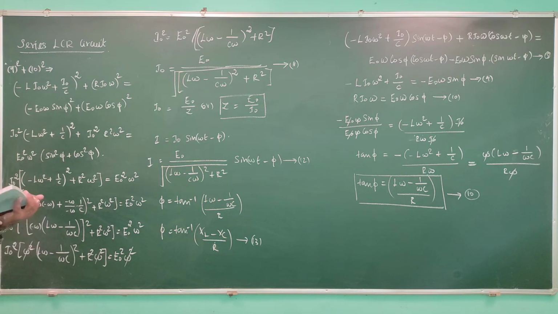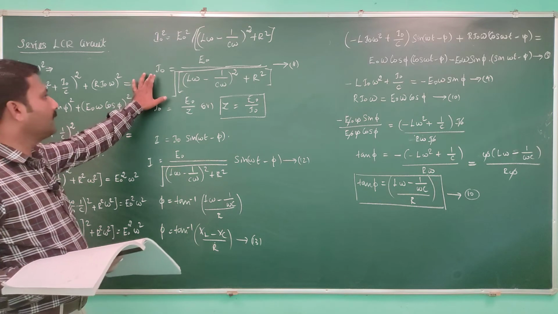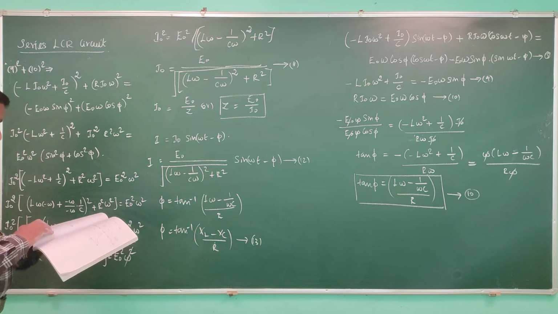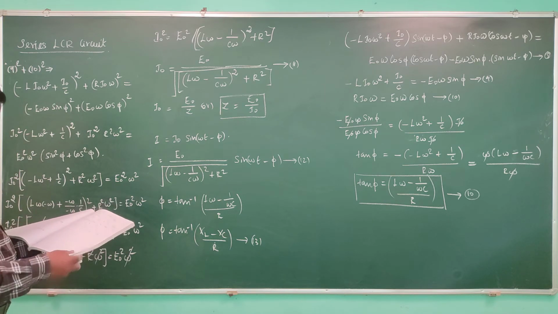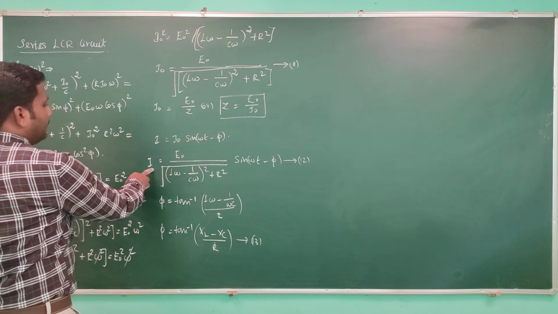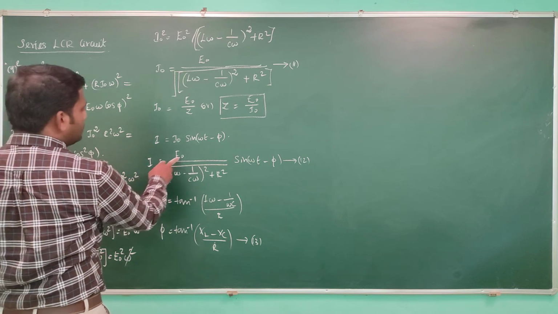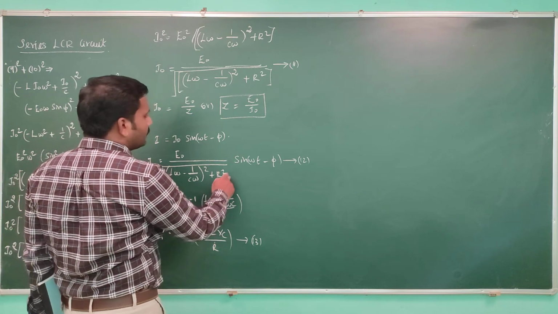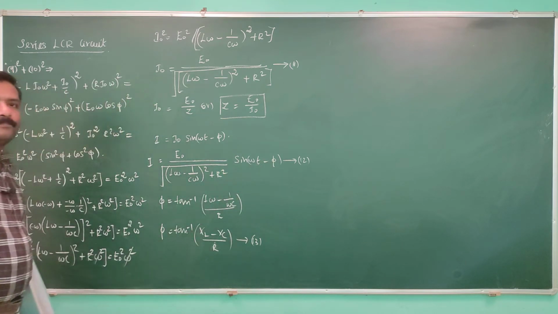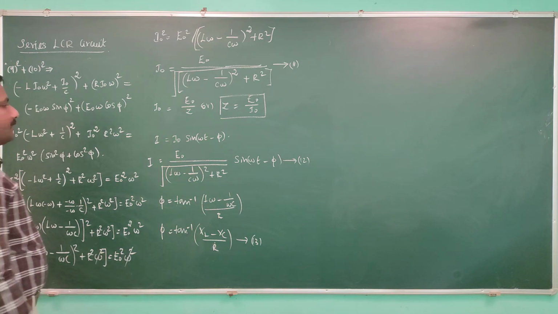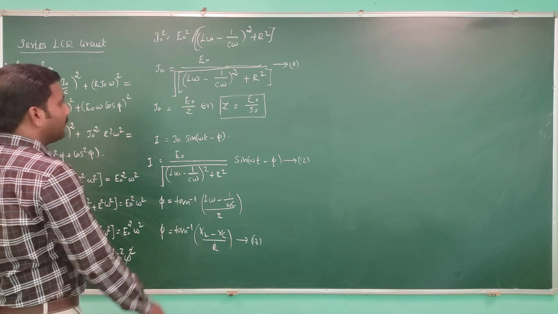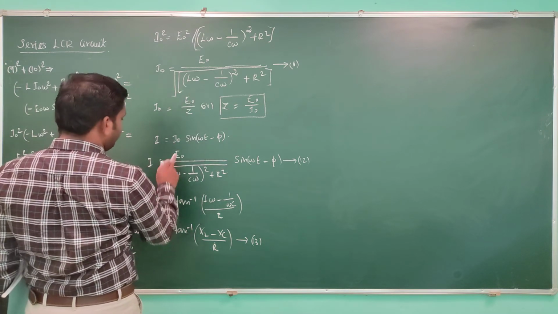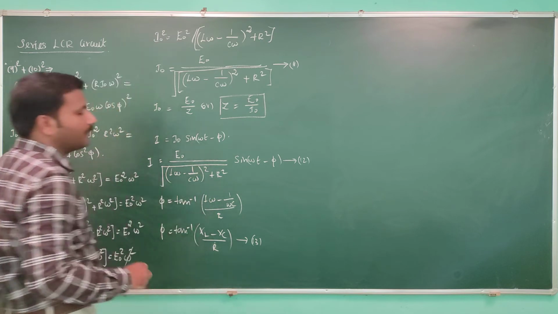So now we have written the expression for I naught and phi. The current I at any instant is E naught by the square root of (L omega minus 1 over C omega) square plus R square, times sin(omega t minus phi). And the expression for the impedance is Z equal to the square root of (L omega minus 1 over C omega) square plus R square.